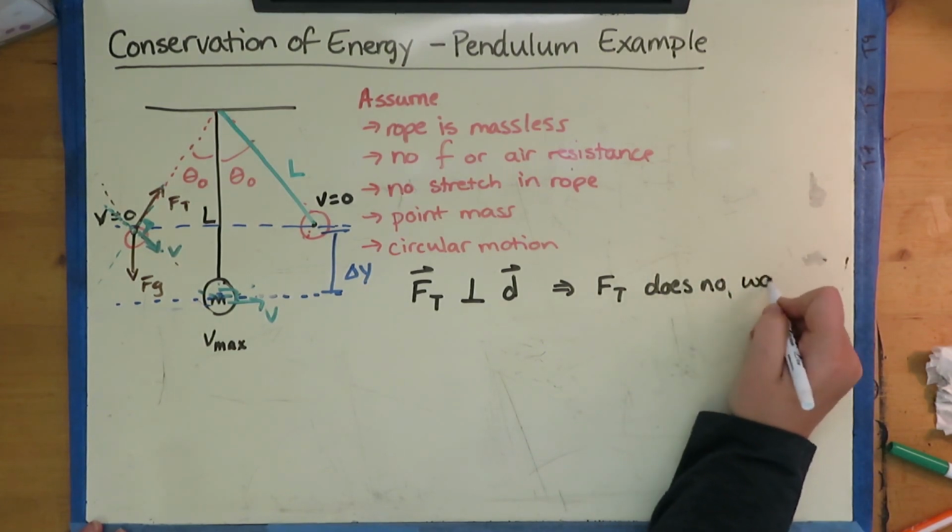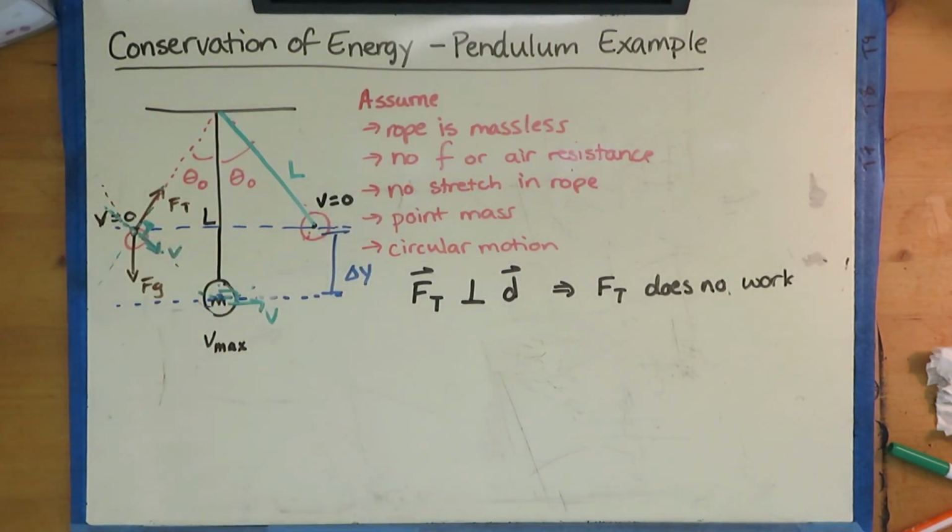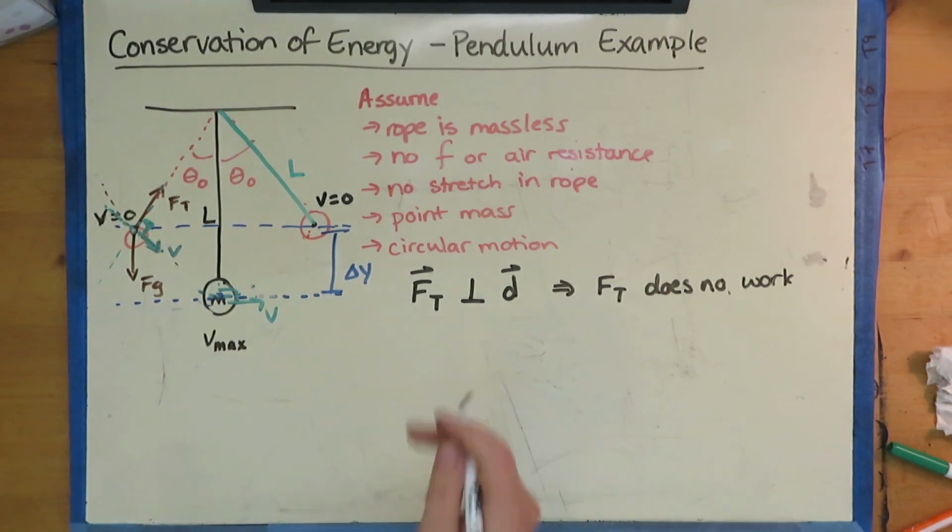If it does no work, it's not going to do any work at any point. So when I go from A to B and then back to A again, I'm going to end up with a net work of 0. So tension does no work. Gravity is conservative, so it does 0 net work.